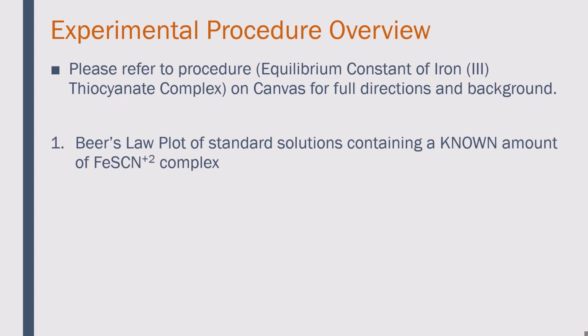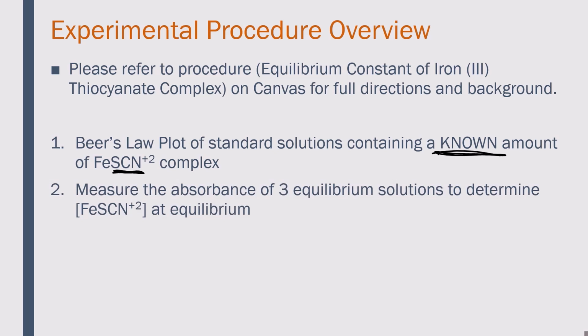The reason that it's done that way is that if there's a huge excess of iron, all of the thiocyanate has to be used up in the complex. Therefore, it's a known amount because we know how much thiocyanate was in the solution, and all of it is getting turned into the complex.